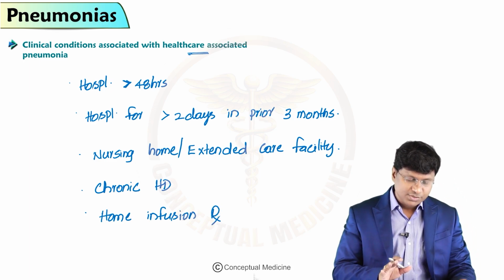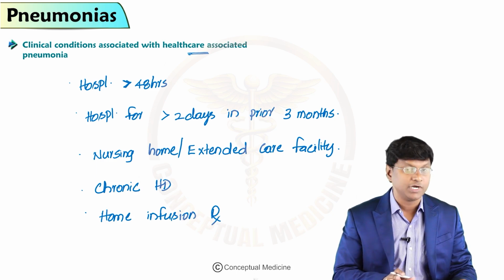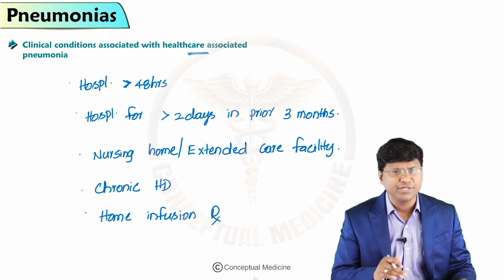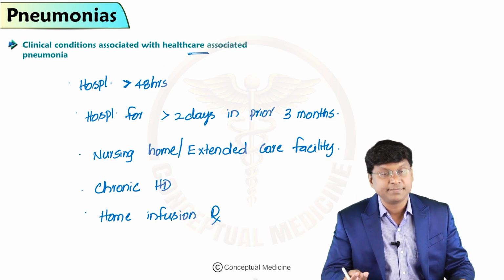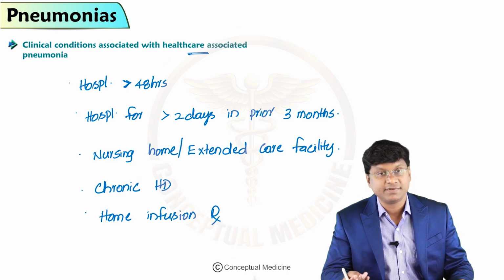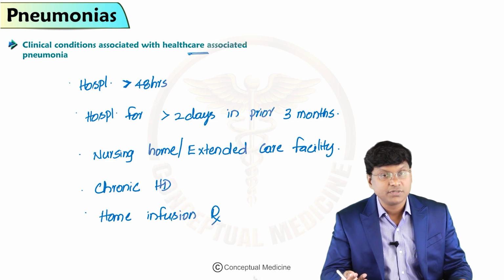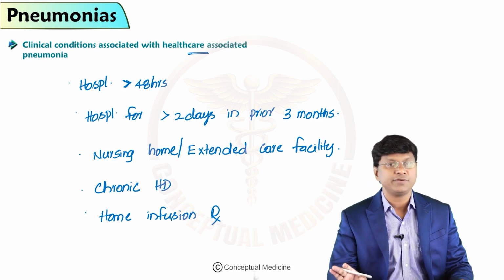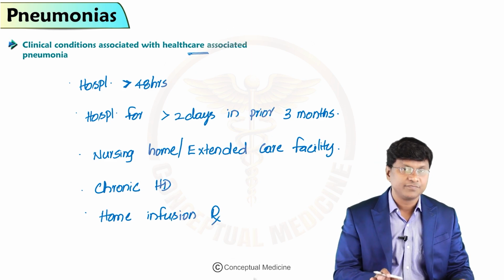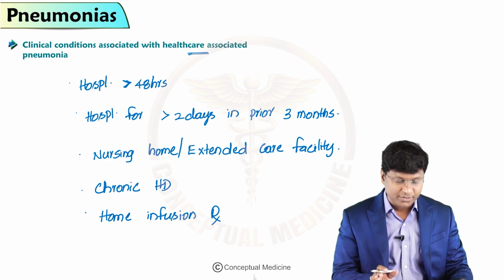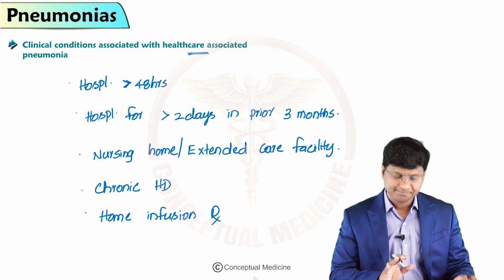So these are the criteria to call it healthcare associated pneumonia. Any of these can lead to the development of healthcare associated pneumonias: hospitalization for more than 48 hours, hospitalization for 2 days in the prior 3 months, a prolonged stay in a nursing home or extended care facility, chronic hemodialysis, or home infusion therapy.